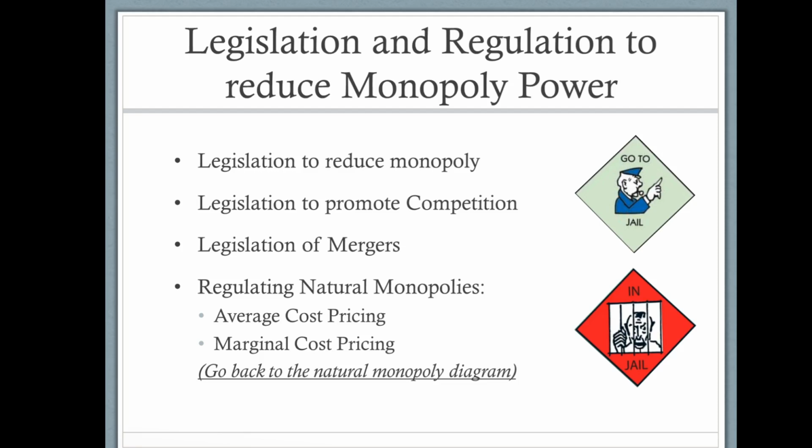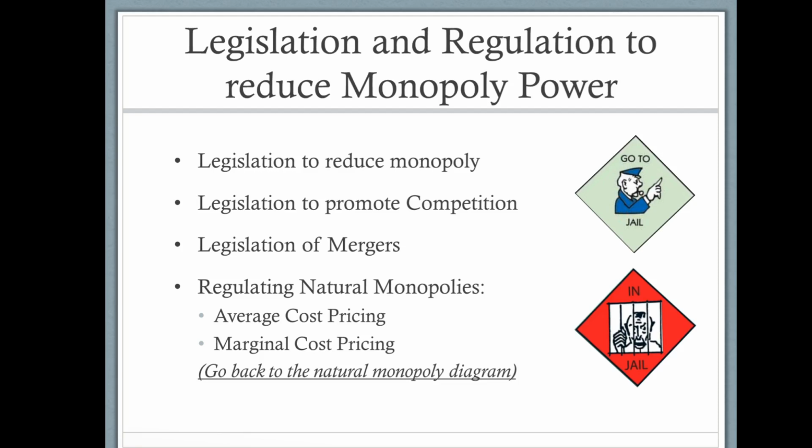When you think about the diagram that we did for a natural monopoly, if we force them to achieve allocative efficiency, most of the time they will get a loss. If you get a loss, then obviously you are going to leave the market. What's the point of staying in the market when you cannot earn any profit?